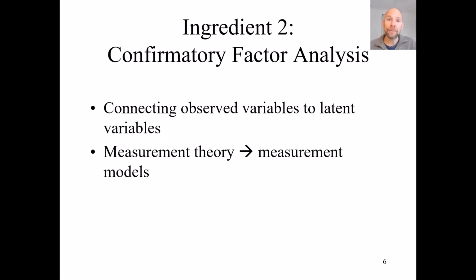And with these measurement models, we connect our observed variables to latent variables. So we formulate a theory about how latent variables are measured by which observed variables, so which observed variables can be used as unidimensional measures of a common factor, as we say, or common latent variable.